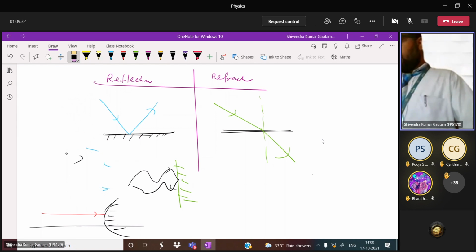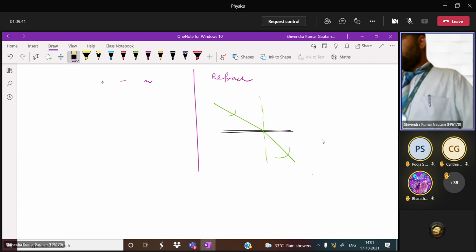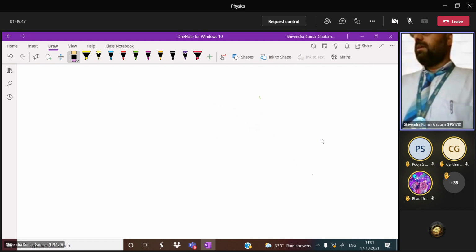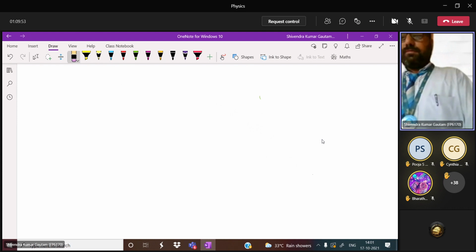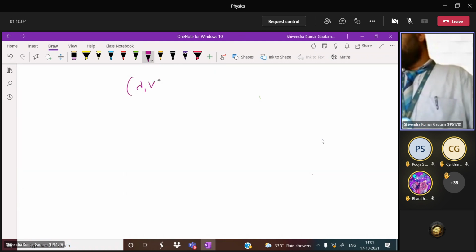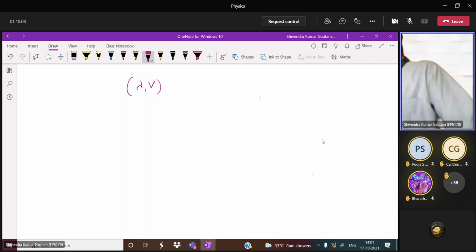In reflection, the ray returns back to the same medium. So lambda and v do not change: wavelength and speed do not change.